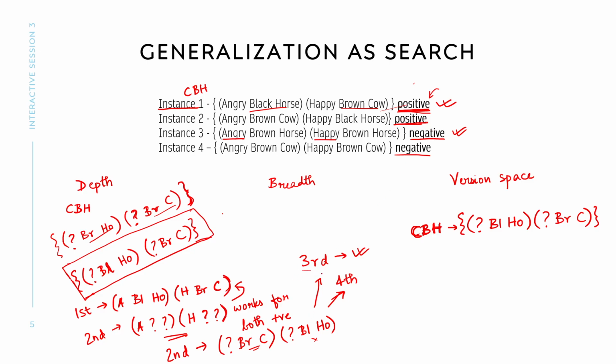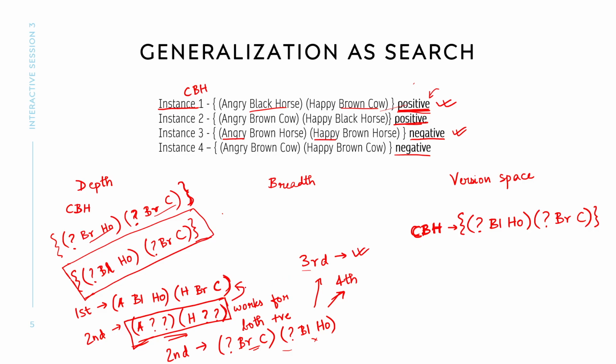That is why we went back. So in the third case, we saw that this negative example was being classified incorrectly. So we went back and tried to fix this CBH. When we use this CBH, this is the one I'm boxing off right now, for our third example, we saw that it was too general.